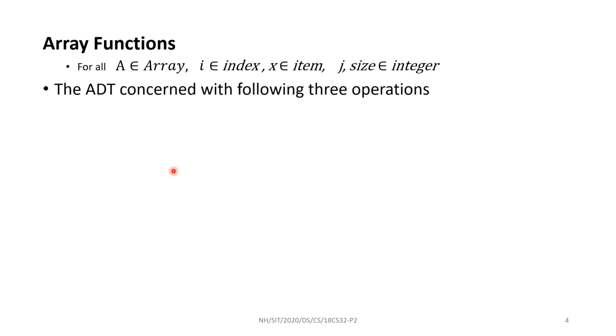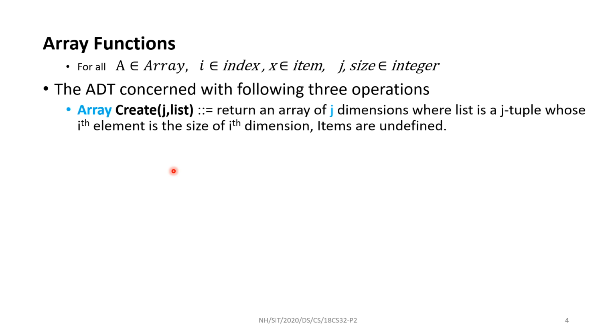Let A be an array, I be an index, X an item, and J and size of type integer. The following three major functions are defined. Before performing any operation, the array has to be created.